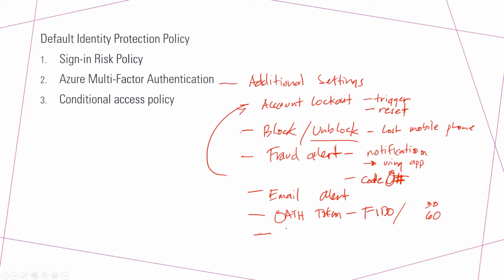And then you do have the trusted IP ranges as well. So this is to allow federated users or IP ranges to bypass two-step authentication. So that's used for bypass.